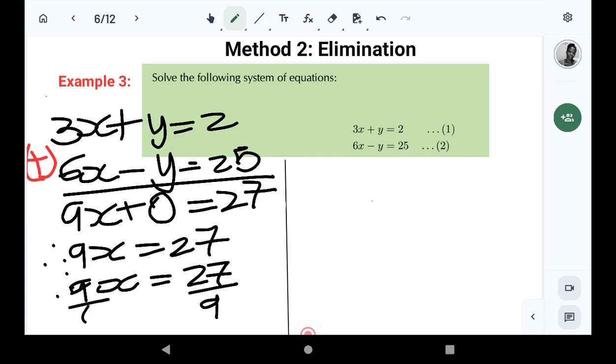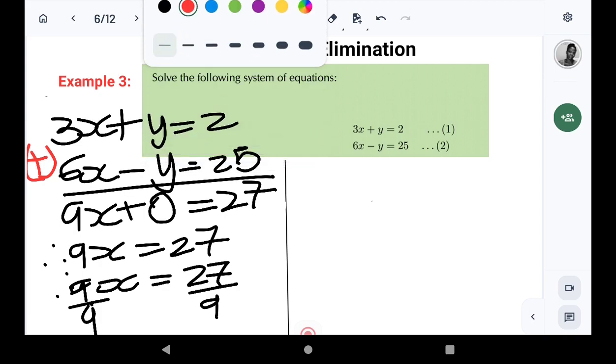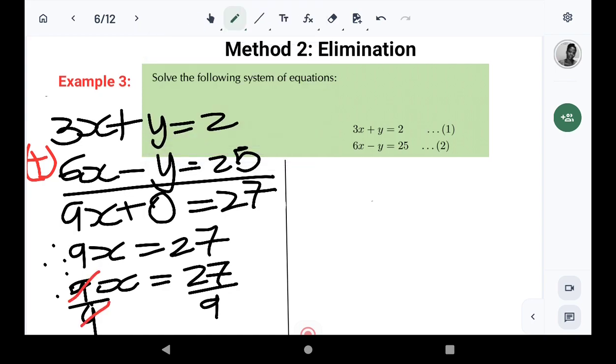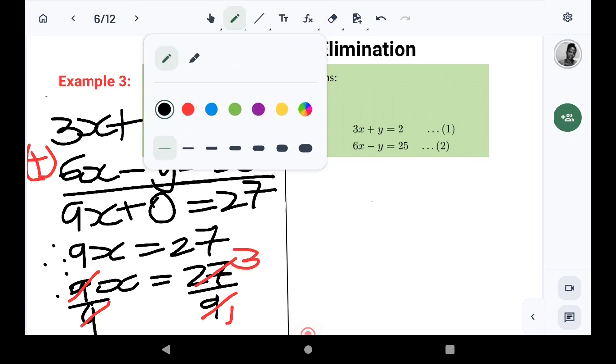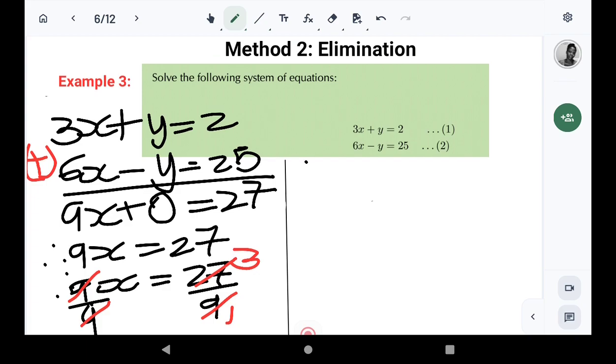The 9's cancel out on the left-hand side, which leaves you with x. 9 goes into 9 once and into 27 3 times. Therefore x equals 3.